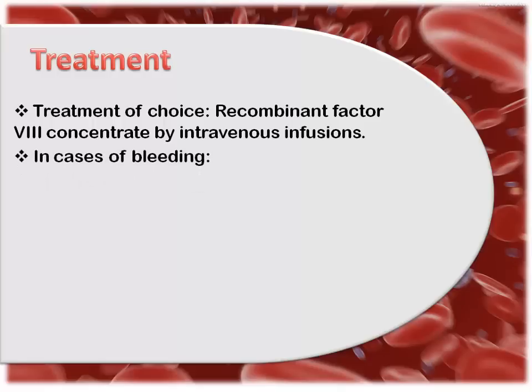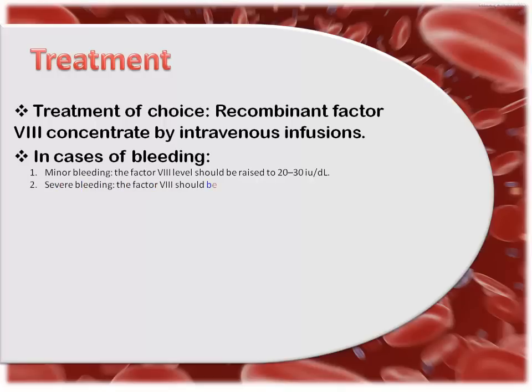Now, in cases of bleeding, we have to intervene with treatment, and in cases of minor bleeding, the factor VIII level should be maintained or raised to between 20 and 30 international units per deciliter.